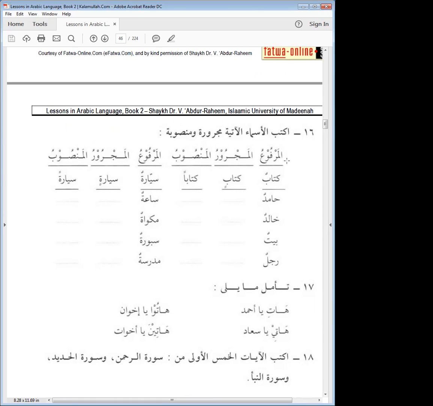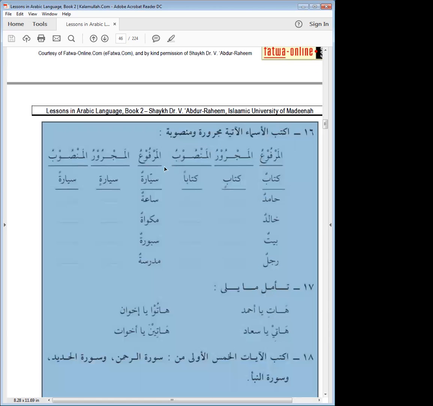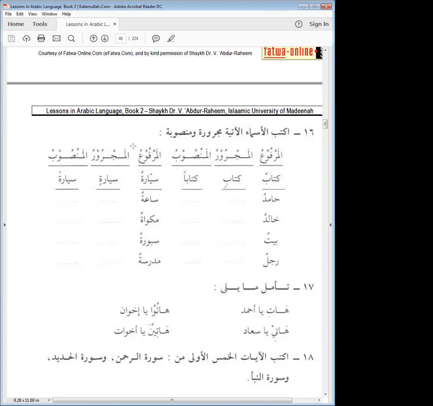All right, good. So let's look at the first word. So you have the headings here. Al-marfu', next is the al-majrur, then we have the al-mansub. There's one half of the table, then the next half again, al-marfu', al-majrur, and al-mansub.